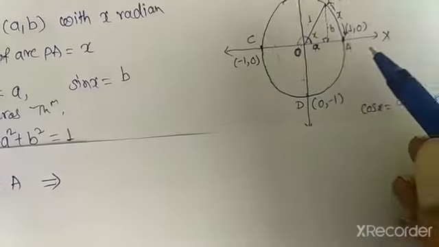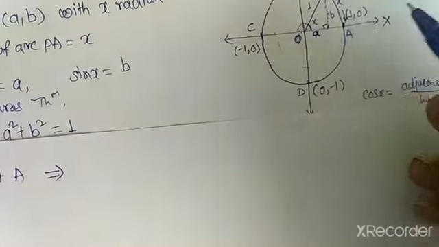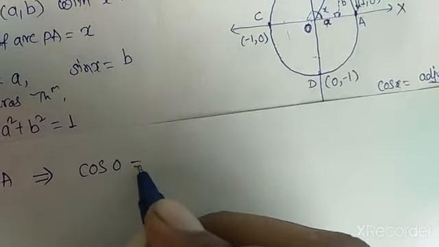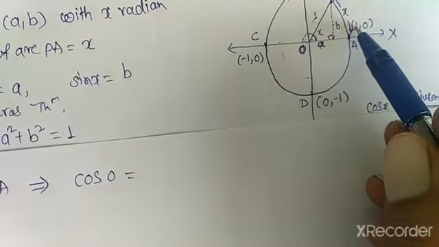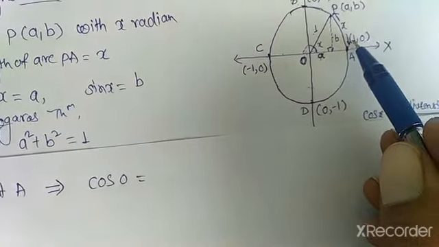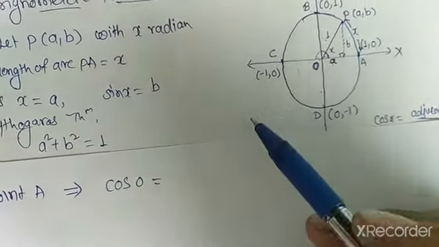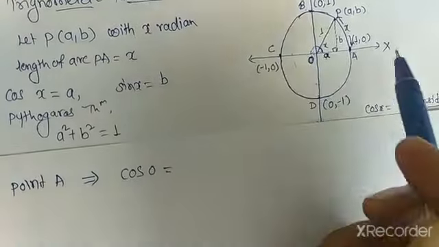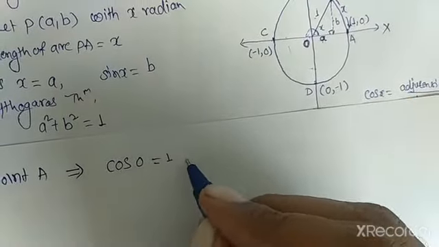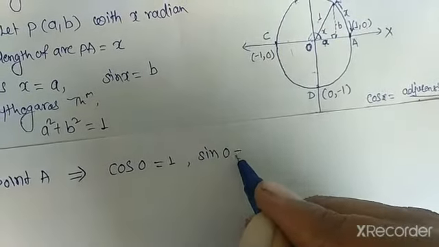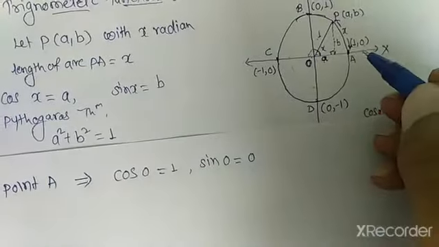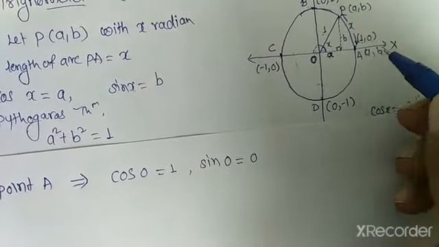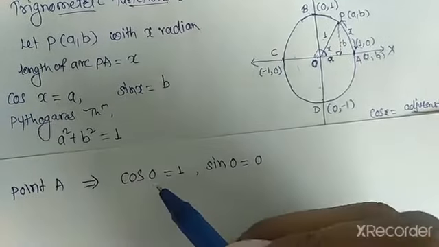So from point A we can write cos of 0 degree. Here the point is in the form (a, b), where cos x is equal to a and sin x is equal to b. So cos 0 is equal to 1 and sin 0 is equal to 0.